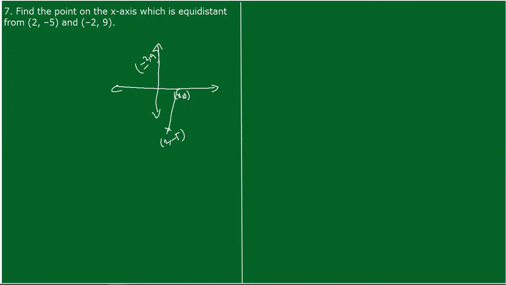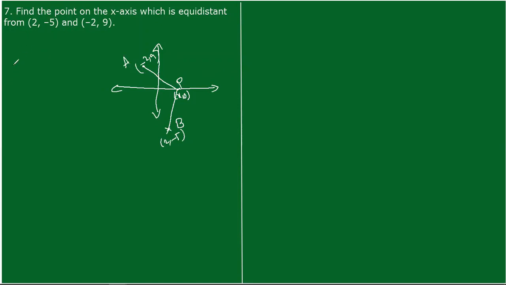These 2 points have the same distance from this x-axis point. Let me draw the lines roughly here. Let's assume that this is point P, this is A and this is point B. Now in the question he clearly mentioned that AP is equal to BP, meaning equidistant.